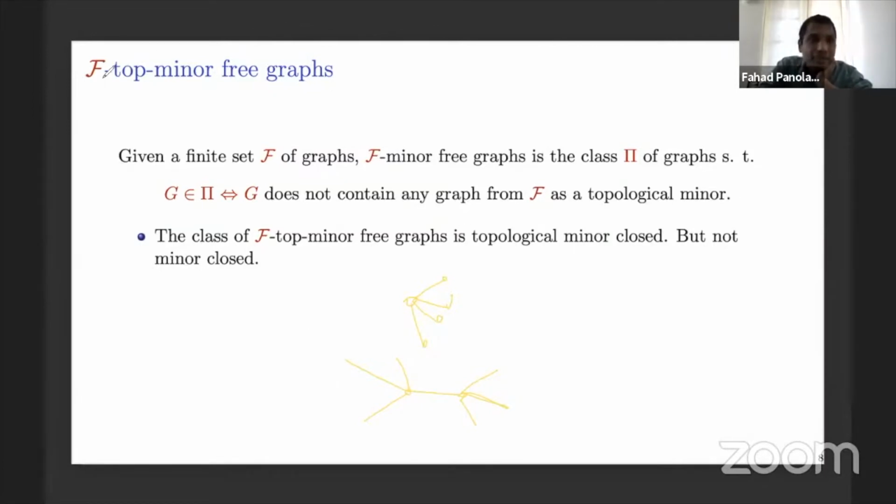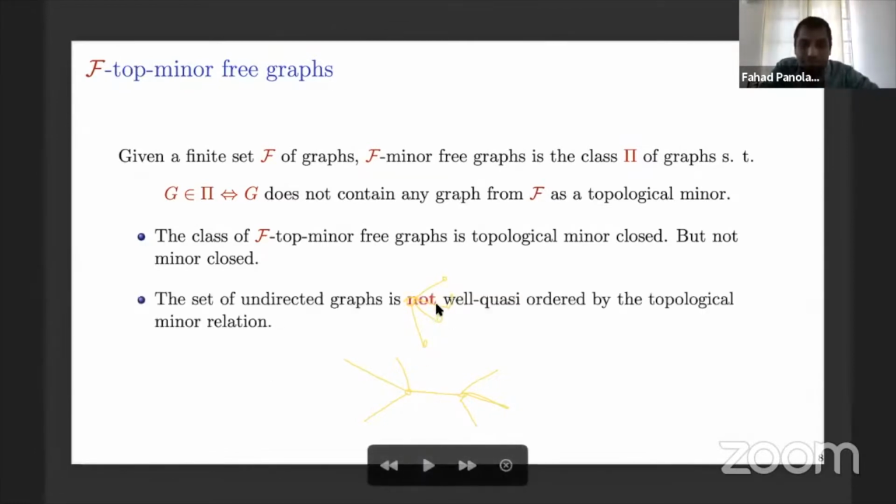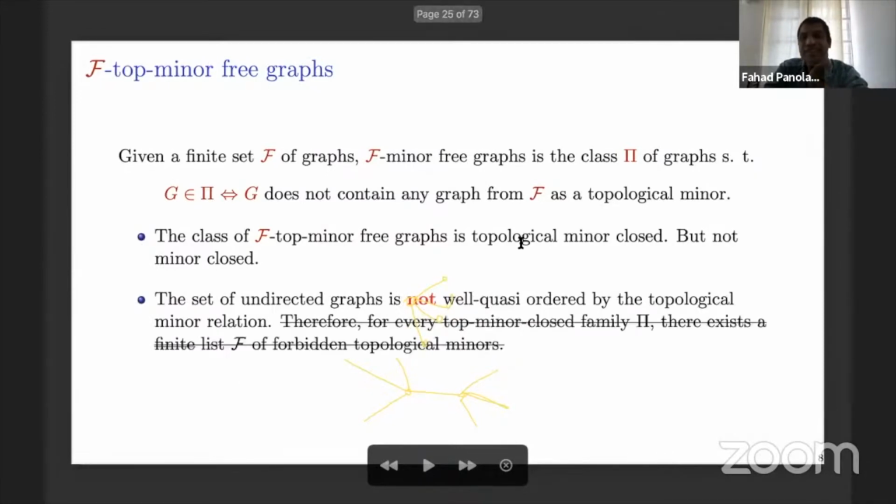Now, the set of undirected graphs is not well quasi-ordered by the topological minor relation. Because of that, we can't say the converse. For the case of F minor free graphs, we said if a graph class is minor closed, then there is a finite forbidden minor characterization. But such statements are not true for topological minor free graphs.